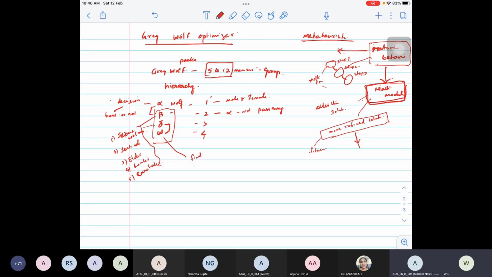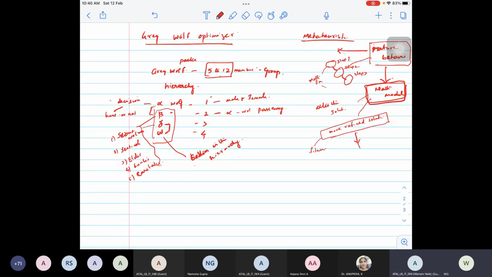They are the workhorses who have to obey the rest, importantly the delta wolves, and they are at the bottom of the entire hierarchy.